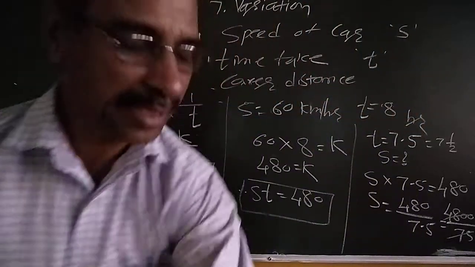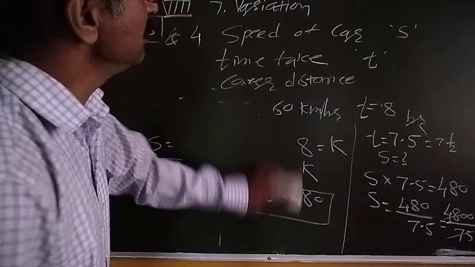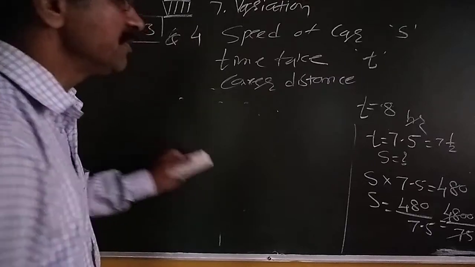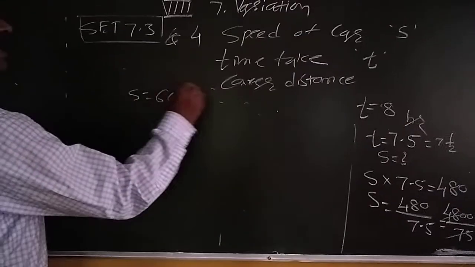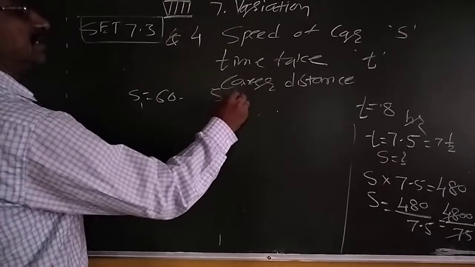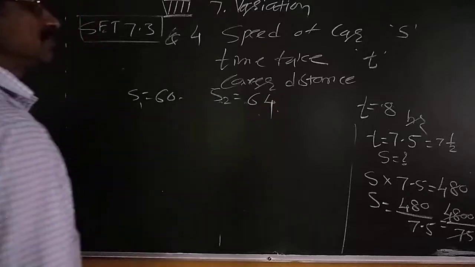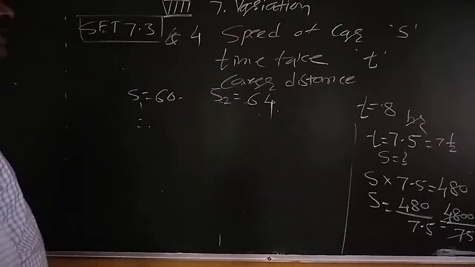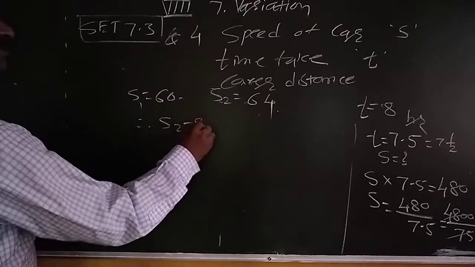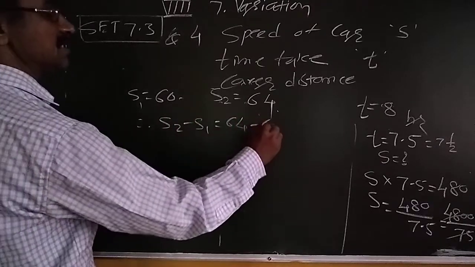So we get the speed 64, and the previous speed is 60. The first speed is 60 and the next speed is 64, which we denote by S1 and S2. By which quantity has the speed increased? That is S2 minus S1, that is 64 minus 60.